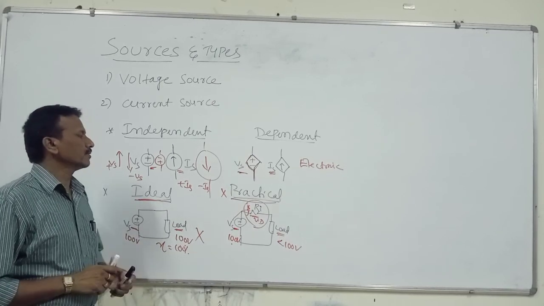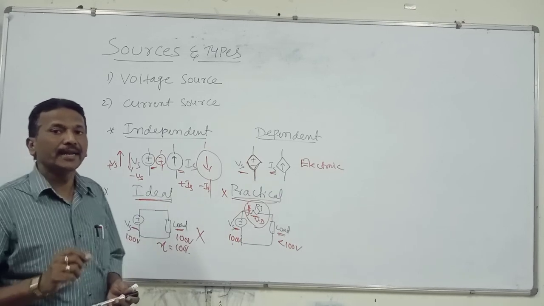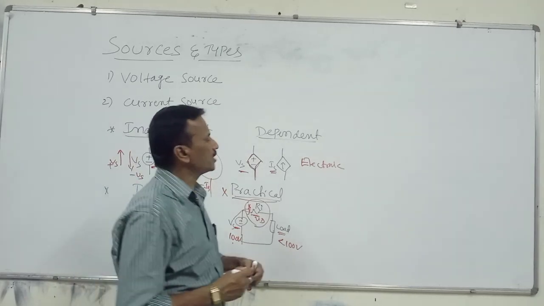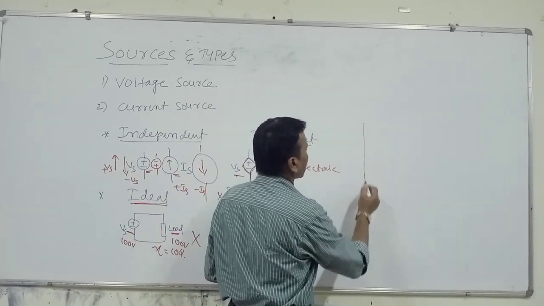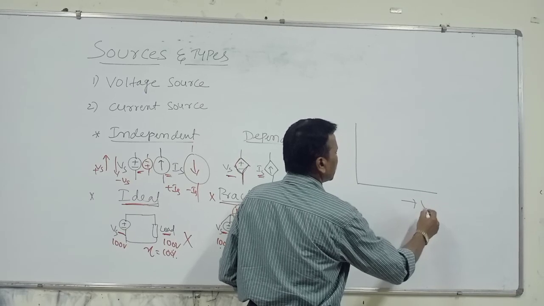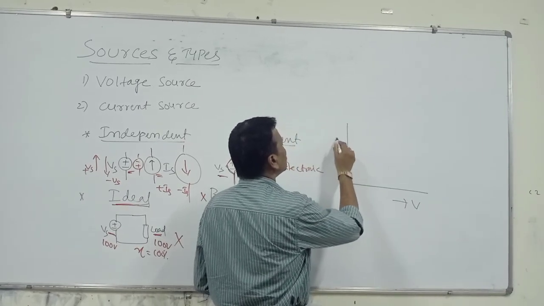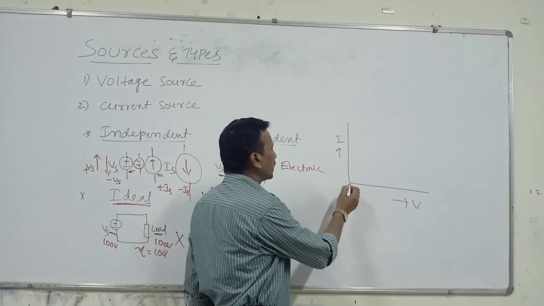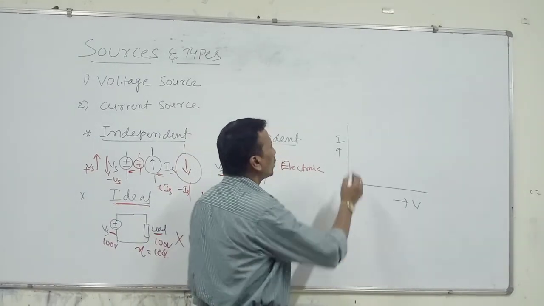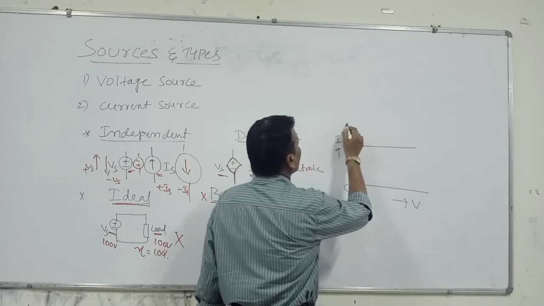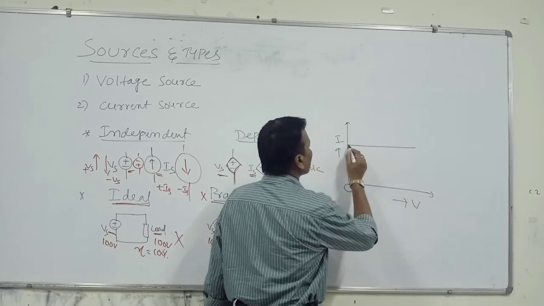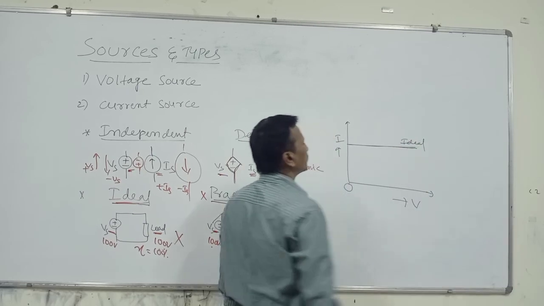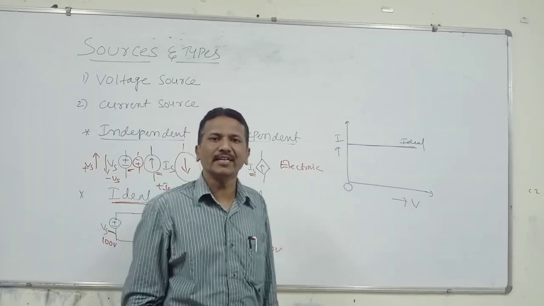To understand ideal and practical in a graph or characteristics, how to draw the characteristics? Let's see. This is your voltage and this is your current. This is the initial point 0. Now I draw a straight line. What is the meaning of a straight line? This is the constant one, nothing but the ideal condition.